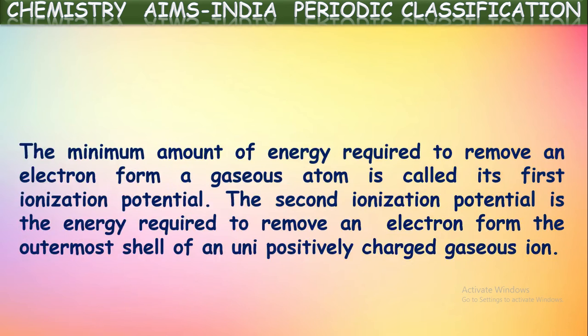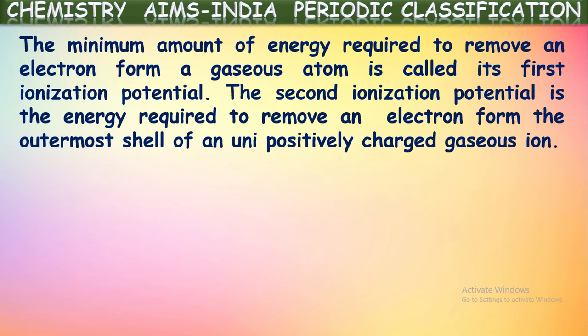The minimum amount of energy required to remove an electron from the isolated gaseous neutral atom is also called the first ionization potential, because we are removing the first electron from the atom. The second ionization potential is similarly defined as the amount of energy required to remove an electron from the outermost shell of a unipositive gaseous ion.